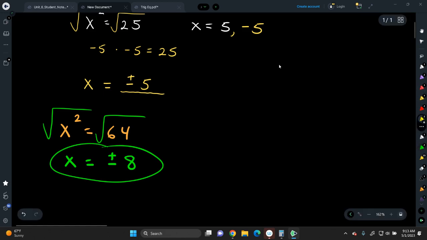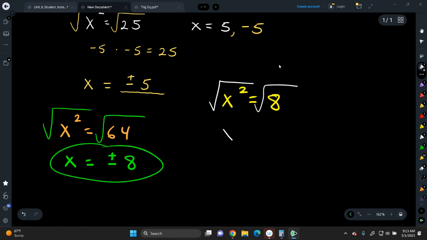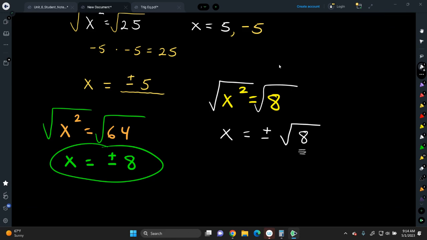How about this one? x squared equals 8. Good, yeah. So we can take the square root of both sides. So we get x equals plus or minus the square root of 8, which we're going to simplify. 2 times 4.